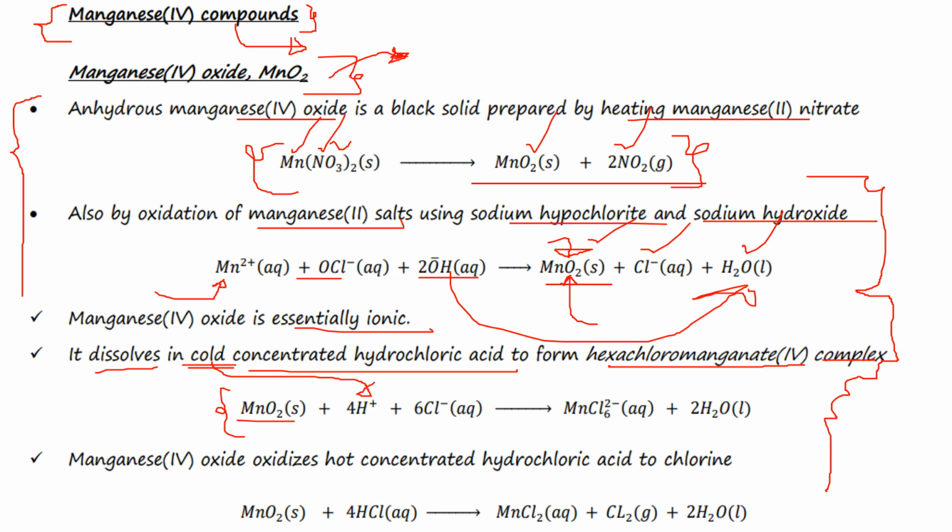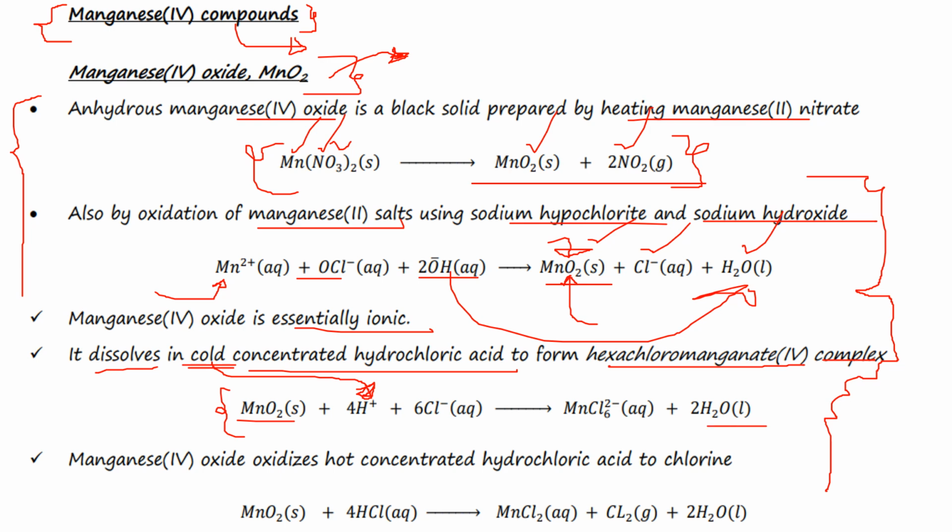That's why I only presented the chemistry of manganese in this video, because there is a lot of information packed behind these elements. So when you're using cold concentrated hydrochloric acid, you form hexachloromanganate(IV) as a complex together with water accompanying the reaction.